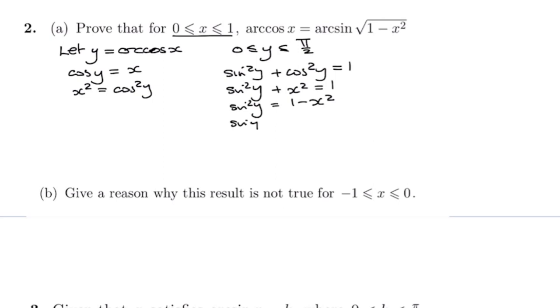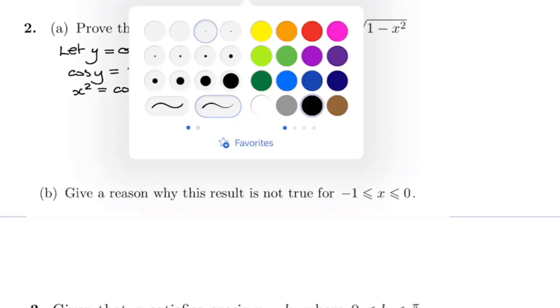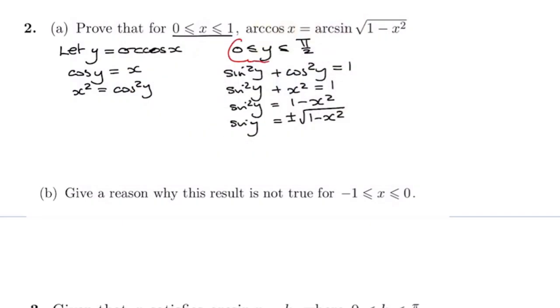Then, of course, I need to square root. And when we square root, we get 2 answers. Now you can see I've now got the square root of 1 minus x squared. I've got to explain why I'm going to just take the positive one. Now we knew, and I'll just put it in a bubble box, that y was between 0 and pi over 2. And if you think about your sine wave, between 0 and pi over 2, sine is positive.